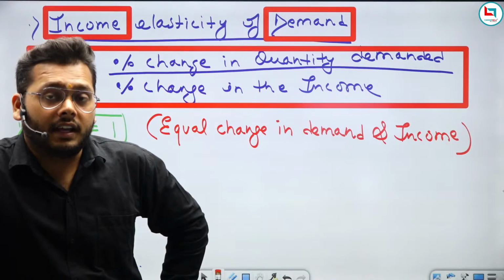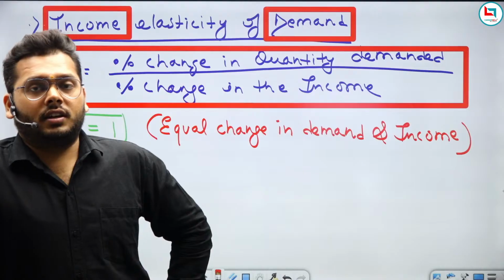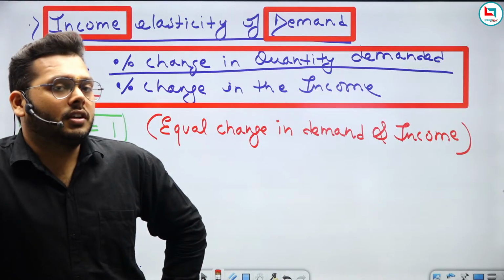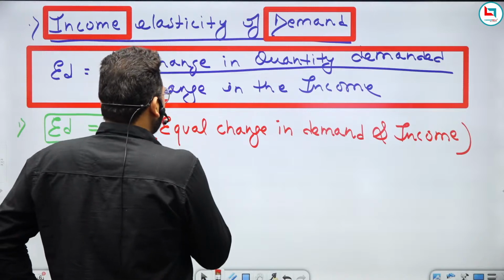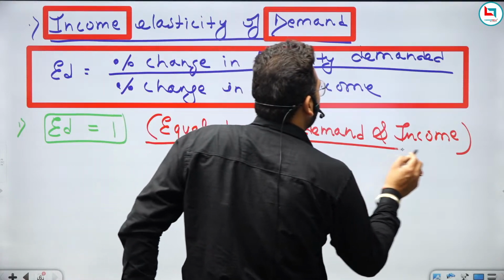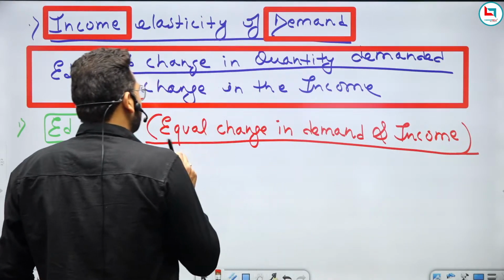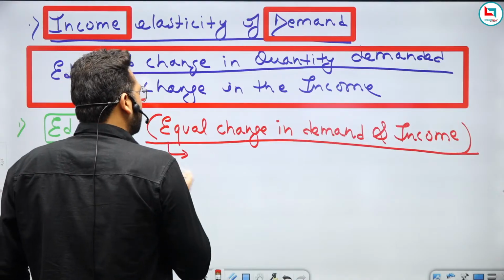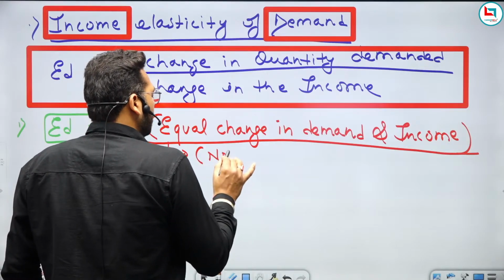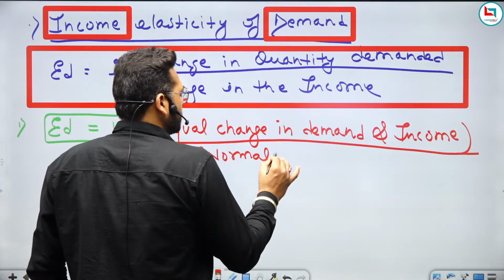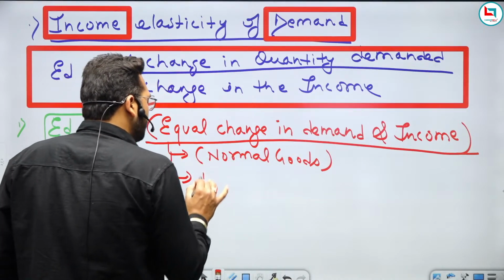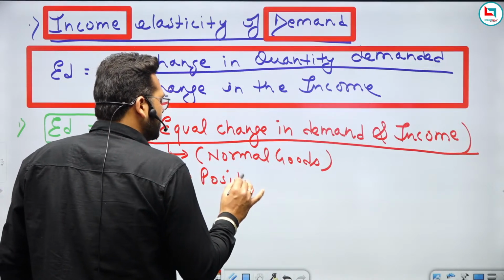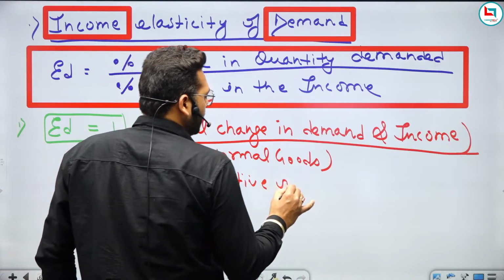So here is a positive relation. In which type of goods does this condition come? It comes in normal goods. There is a positive relation we are getting.